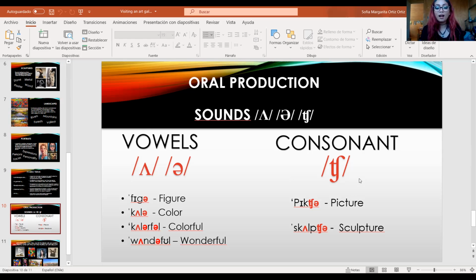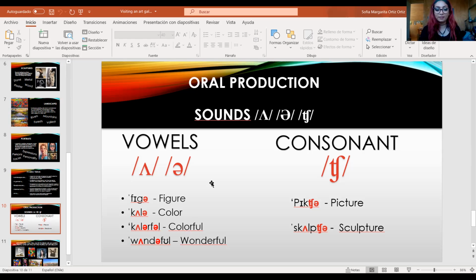Then sculpture, sculpture. Okay, so we are mixing here the 3 sounds. Sculpture, right? So I hope you practice these sounds at your home and try to say those words, okay, in order to sound really good.